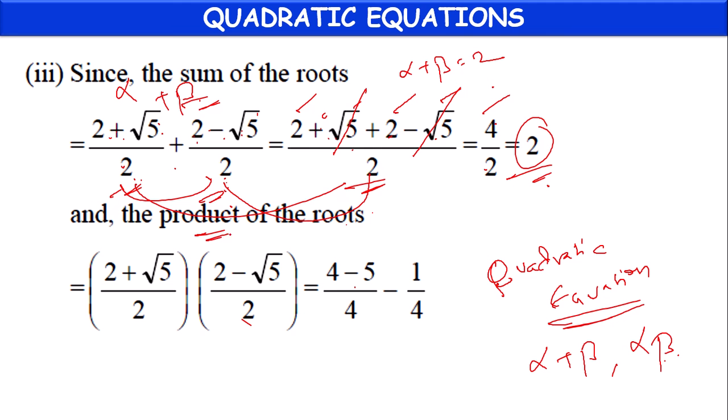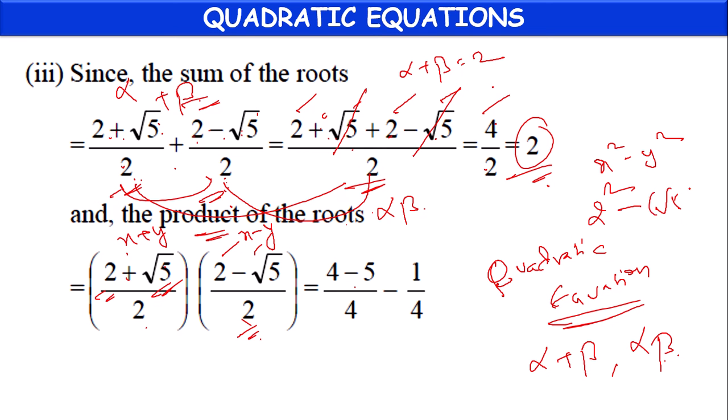Now product of roots, alpha beta, 2 plus root 5 by 2 into 2 minus root 5 by 2. It is in the form of x plus y into x minus y, which is equal to x square minus y square. In the place of x we have 2 square. In the place of y we have root 5 whole square, where 2 square equals 4.